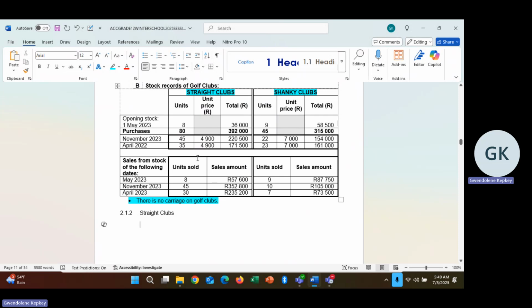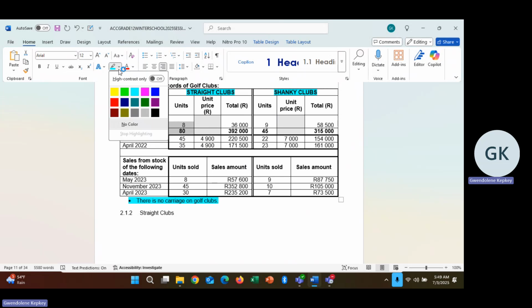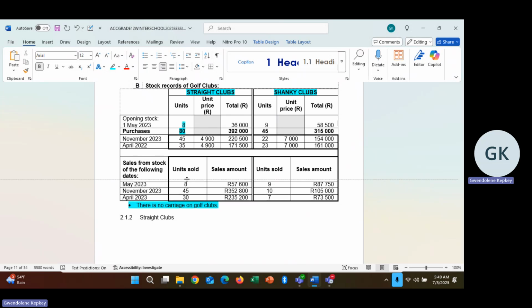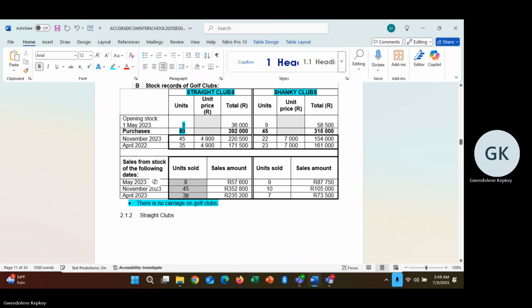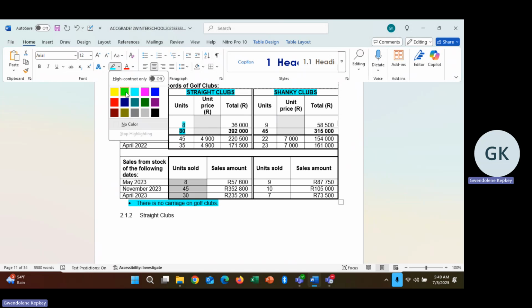Here we concentrate on the number of items. I had 8 initially. I purchased 80. So I'm going to highlight that for my learners. I'm going to highlight what I've purchased, what I had in the beginning. Then I'm going to look at what I've sold in total. Like that. Another color. Let's go green there.